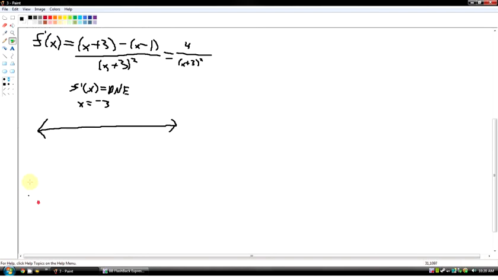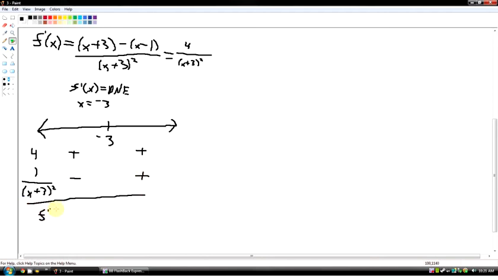Here is the sign chart again, this time just focusing on what's before and after negative 3. So 4 should be positive everywhere, and over x plus 3 squared, this should mean positive before negative 3 and positive after negative 3.